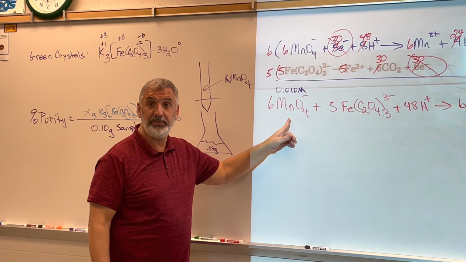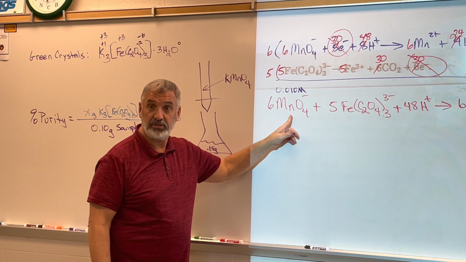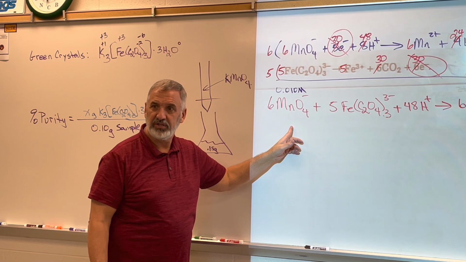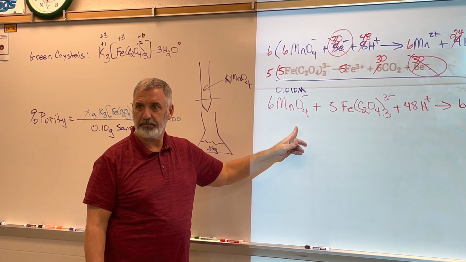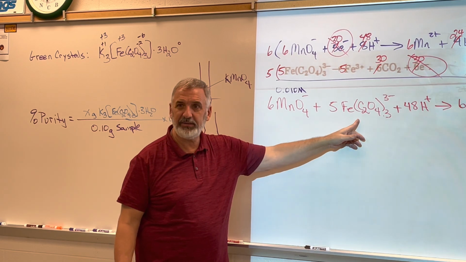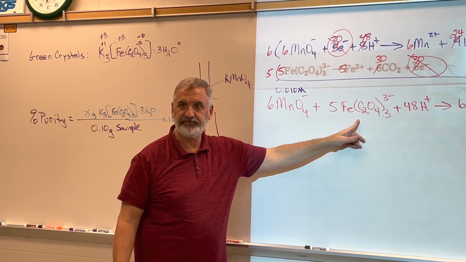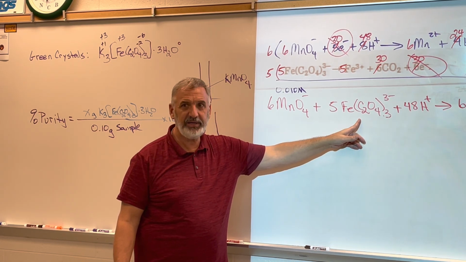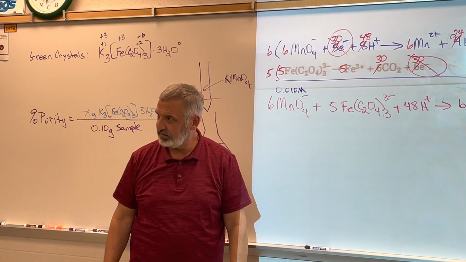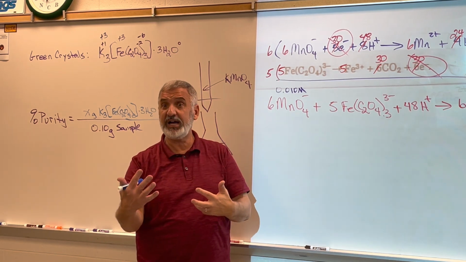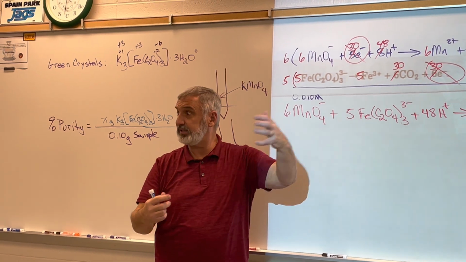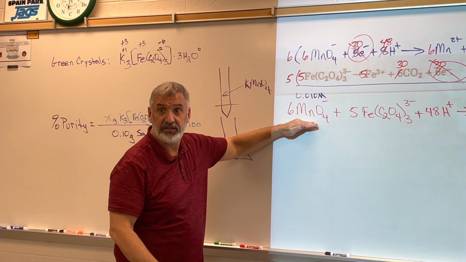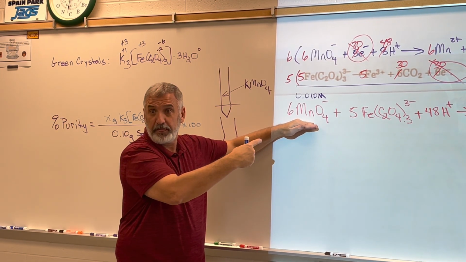If this volume is too big, what does that mean about moles? Moles, because molarity times volume is equal to moles. So if the volume's too big, moles is too big. If moles of this is too big, what does that mean about moles of that? Because we're still multiplying. And if moles of this is too big, what does that mean about grams of this? Too big, because we're still multiplying. If anything you measure is in the denominator, and you go too big, it's going to make the answer too small. So you just got to follow the mistake. Since this is the only thing we're measuring, how does changing that affect it?